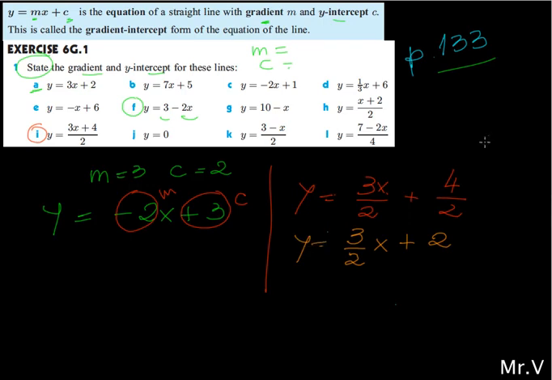And now that I have my equation, I can say, yes, this is my slope and this is my y-intercept. Some of you don't remember what this represents. In that case, I recommend you go to page 131 and figure it out.